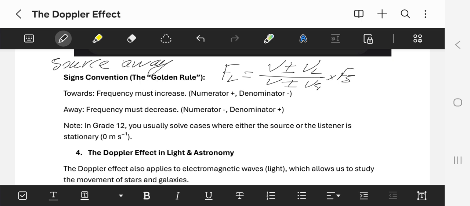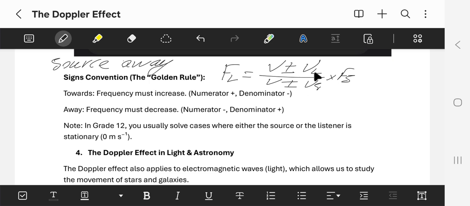So if the source is moving away, then it means the velocity of the listener is going to be negative. And if the velocity of the listener is negative, then the velocity of the source will be the opposite of that negative, which is positive. So the sign of the velocity of the listener is the one that helps us to know the sign of the velocity of the source.